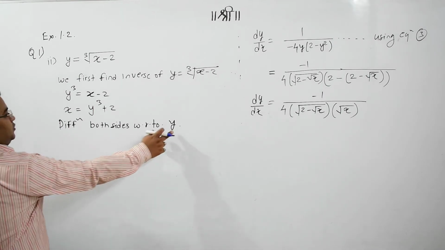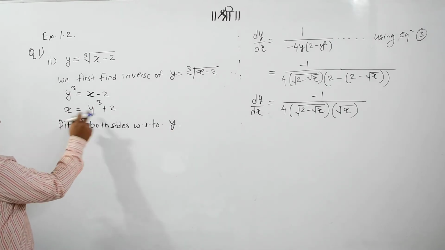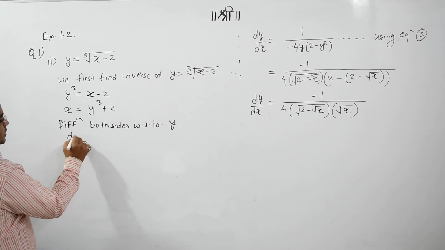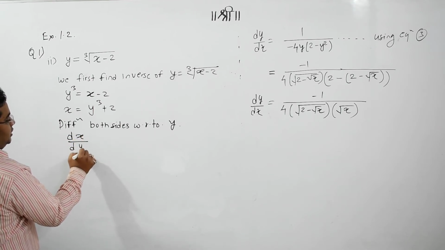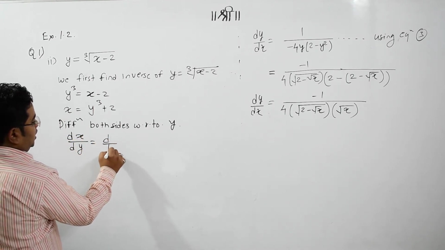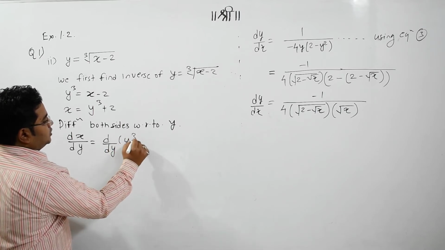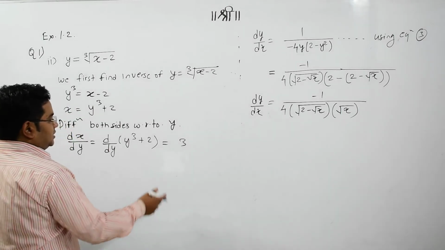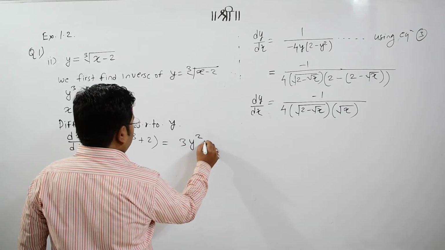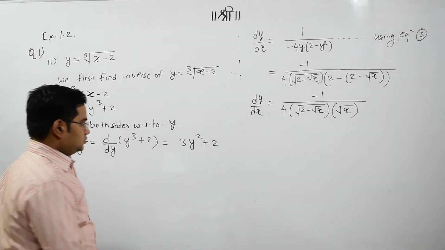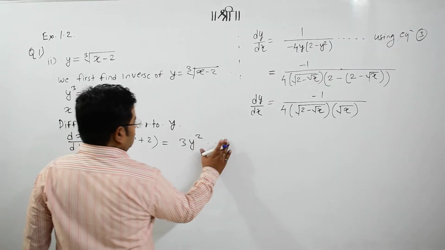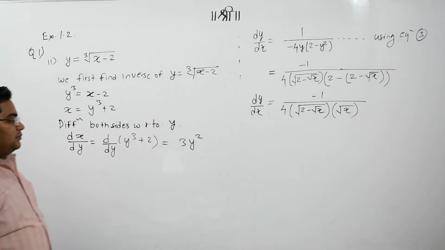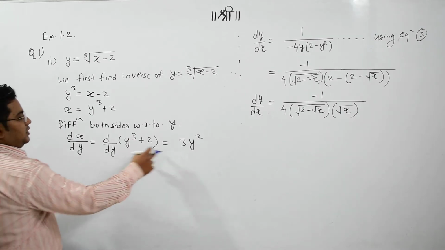Now with respect to y, if we differentiate both sides, what will we get? So dx upon dy is equal to d upon dy of y cube plus 2, which is quite easy. The answer is simple: 3y square plus, not 2, 0. So plus 0, nothing remains. So that's the simple value.